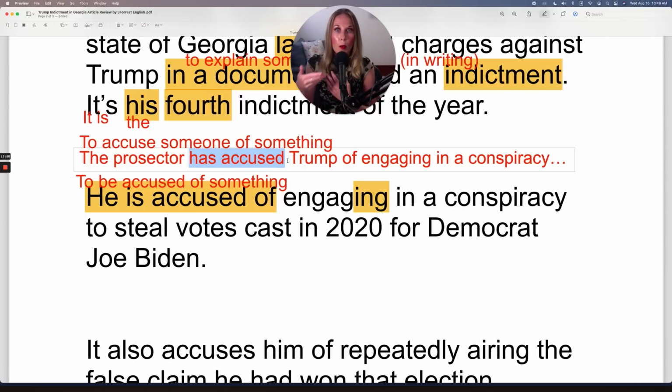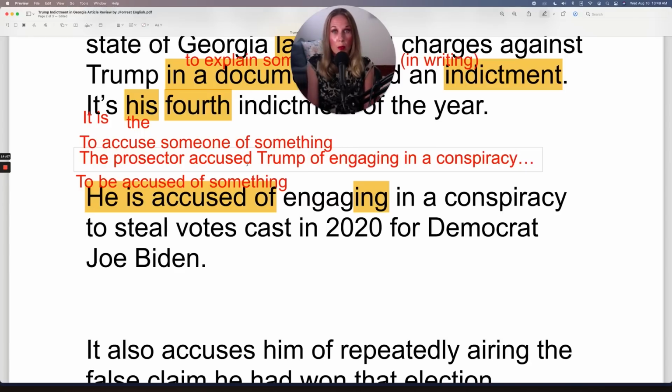So now Trump has to go to court and have this legal case. I could also simply use the past simple, the prosecutor accused Trump. But because there's a result in the present, it's more common to use the present perfect. The prosecutor has accused Trump.